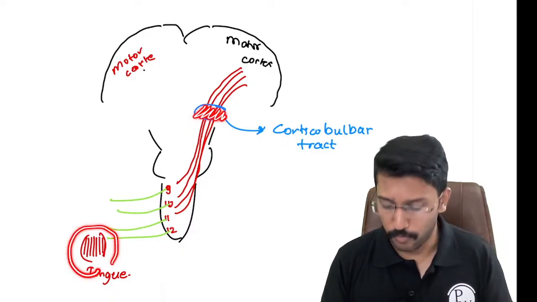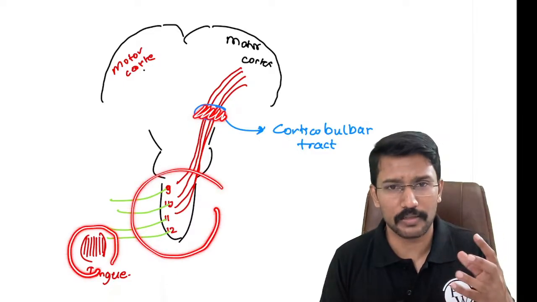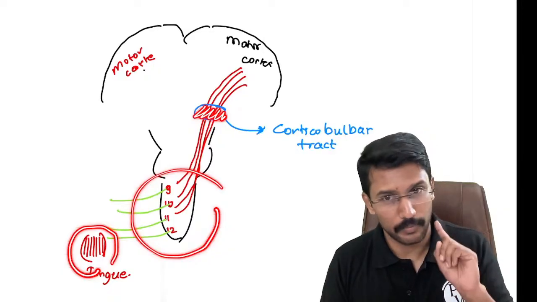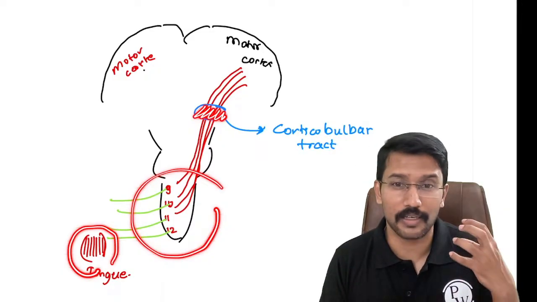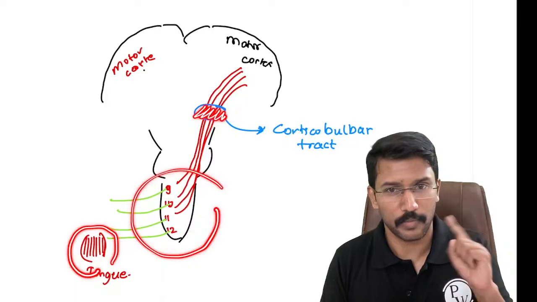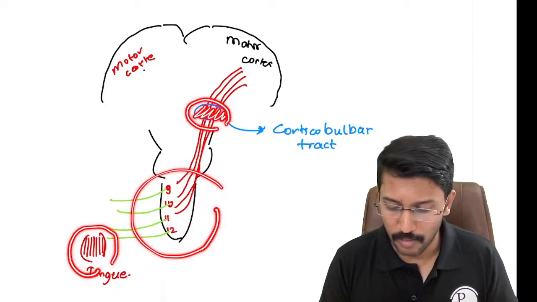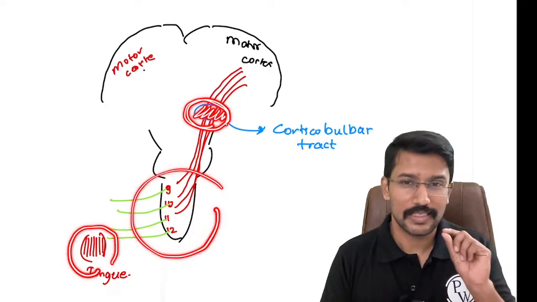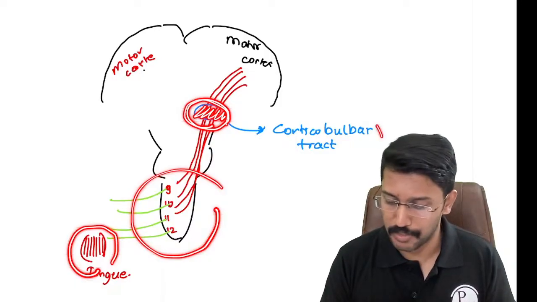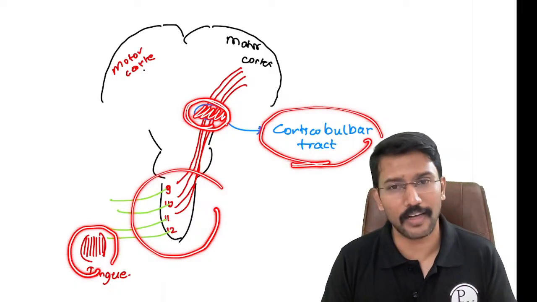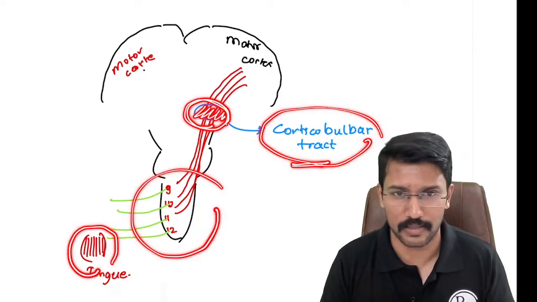But is there a problem at the bulb? The bulb is our brainstem. The problem is not in the bulb, but the outcome is loss of function carried out by the bulb. The problem is above that, above the brainstem. Such patients, where the damage is to the corticobulbar tract, we call pseudobulbar palsies.